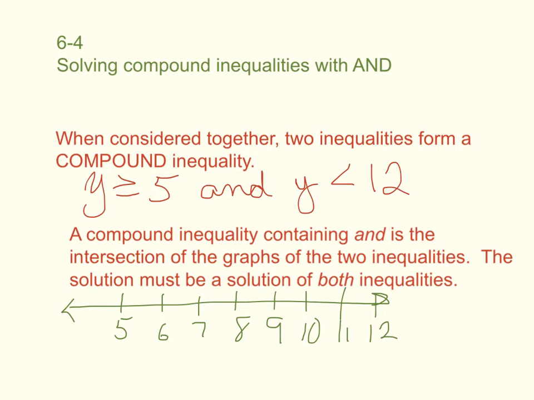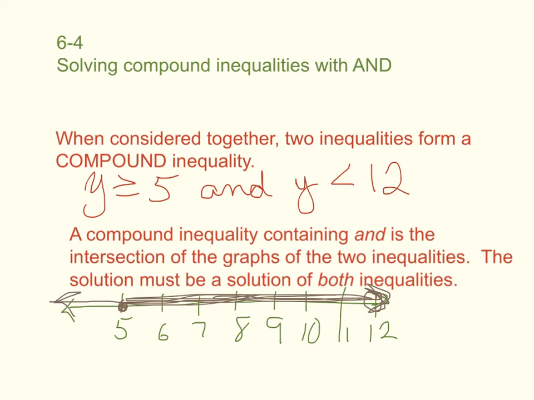The place that would be the intersection of the two inequalities would be the place where both of them are true. So in other words, y is greater than or equal to 5 would look like a closed circle at 5 with everything shaded in that direction, okay? And then y is less than 12 would look like an open circle at 12 with everything shaded in the other direction.